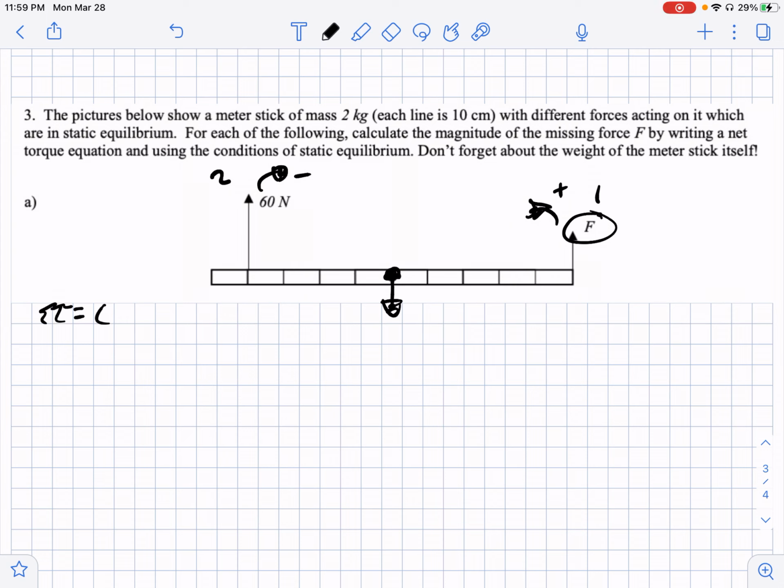So the torque from 1 minus the torque from 2. Our Fg here does not cause torque because my moment arm is 0. And it tells us that it's in static equilibrium, which means that we can set this equal to 0. And since it's equal to 0, that means the torque caused from the first one has to equal the torque from the second. Now we can plug in our equation for torque.